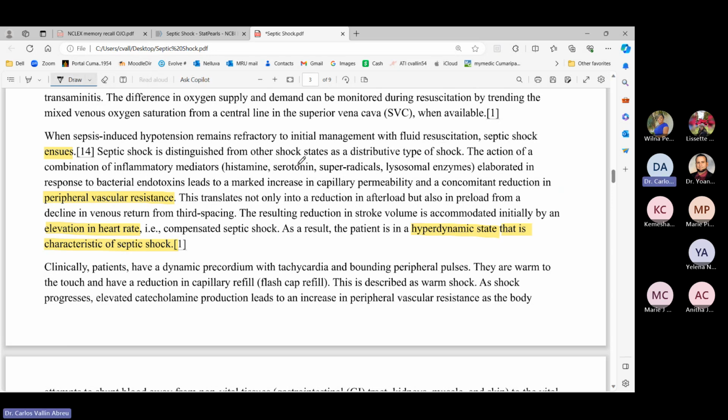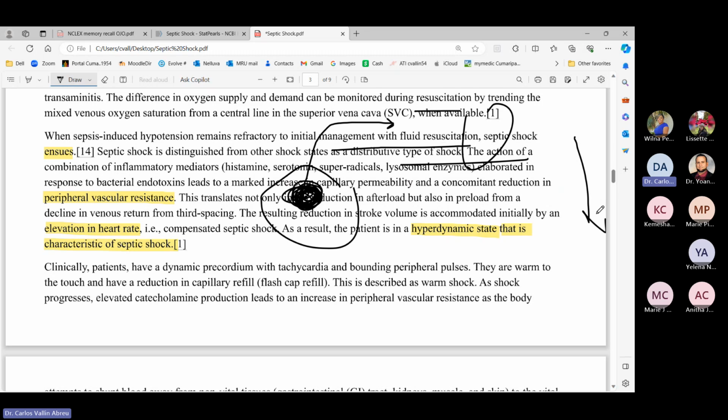The obstructive shock. When you have, for example, a massive pulmonary embolism, a clot that forms in the legs, moves to the pulmonary artery, and is big enough to obstruct an important branch of the pulmonary artery, then the blood cannot move from the right heart through the lungs to the left heart.